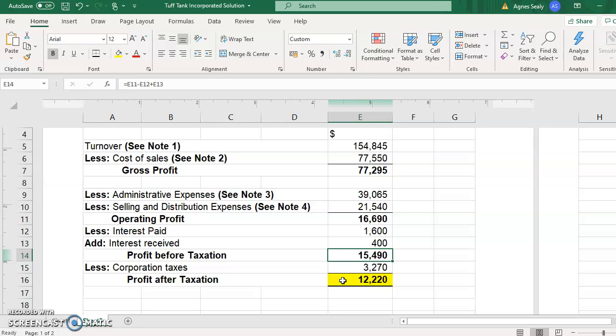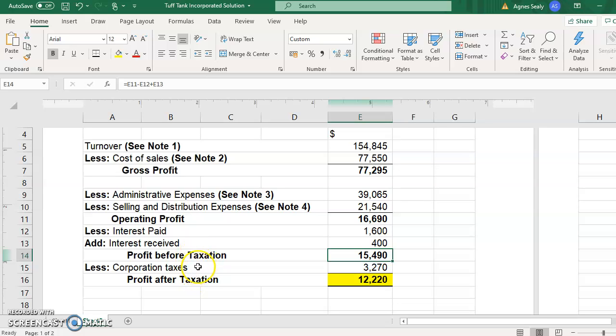You would also need to do additional notes to calculate any dividends that were proposed but are recommended to be paid and not actually paid during that year.